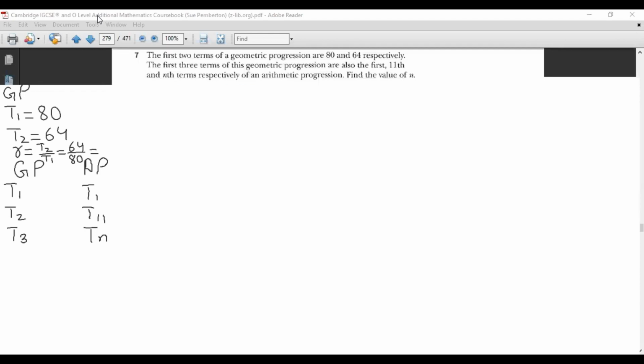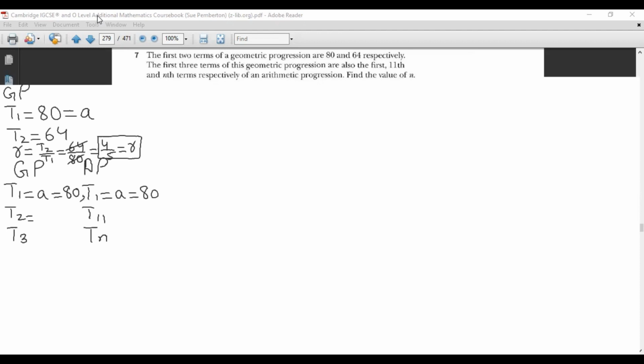Dividing by 16, 16 fours are 64 and 16 fives are 80. So the value of R I'm getting is 4 over 5. Secondly, the first term was also given, so I'm mentioning that as A, which is 80.